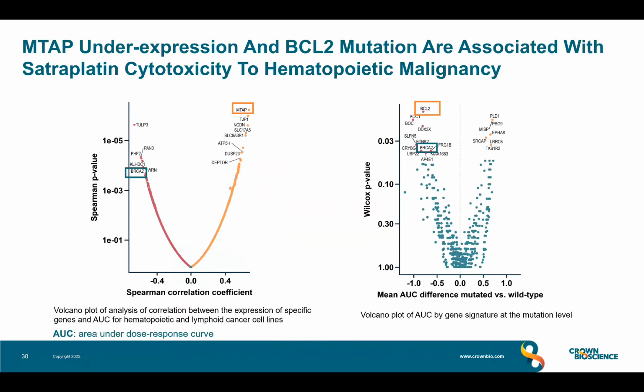Next, by gene expression and mutational analysis, we identified that MTAP underexpression and BCL2 mutation are associated with satraplatin cytotoxicity to hematopoietic cancers.